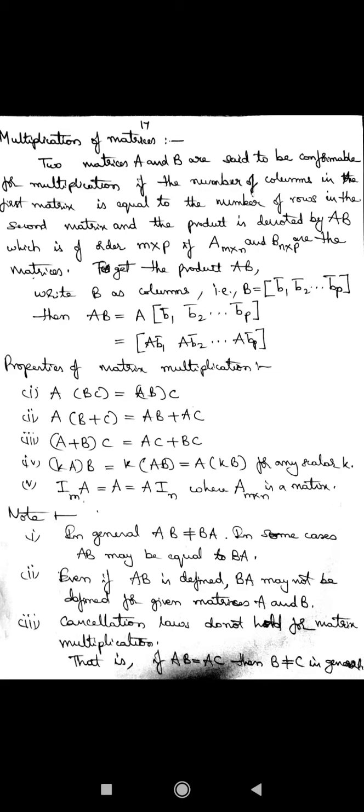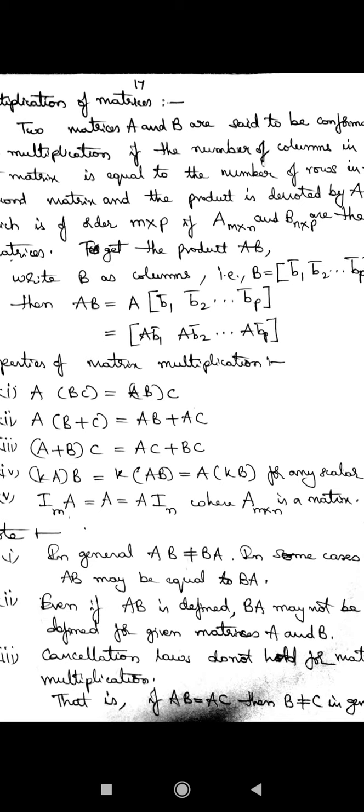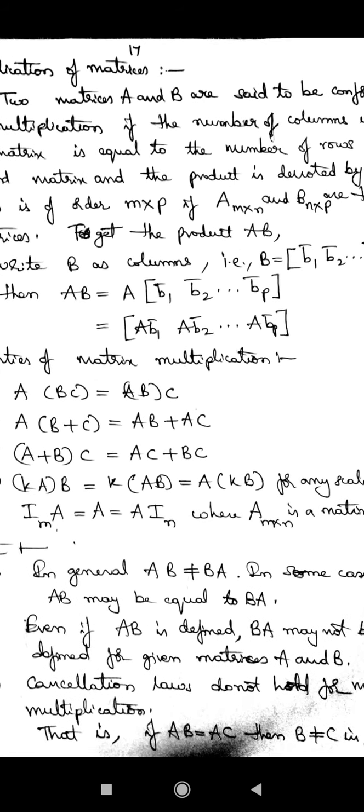If A is a 3 by 3 matrix and B is a 3 by 2 matrix, then as the number of columns in A is equal to the number of rows in B, we can multiply them, and the product AB will be of order 3 by 2. But BA is not possible, because B is of order 3 by 2 and A is of order 3 by 3, and here the number of columns in B is not equal to the number of rows in A, so BA is not possible.